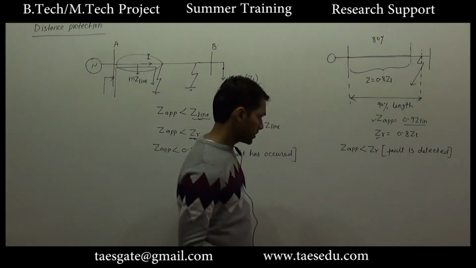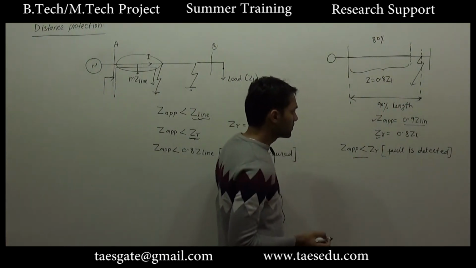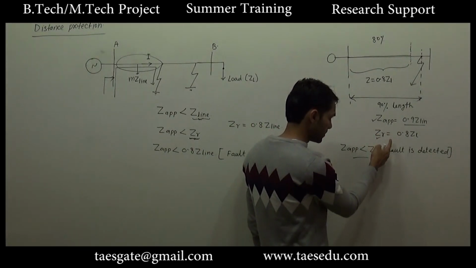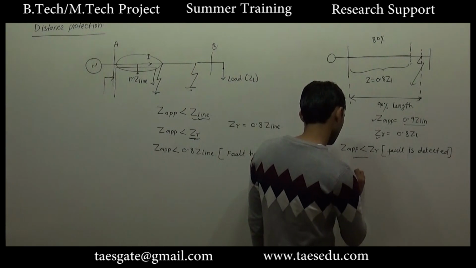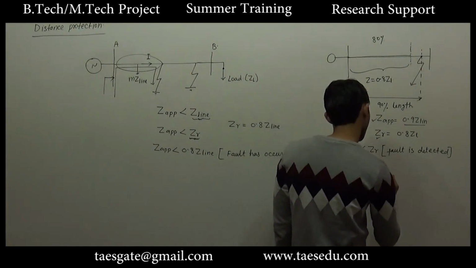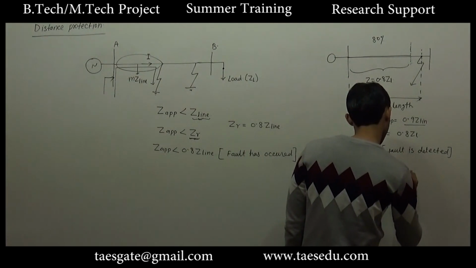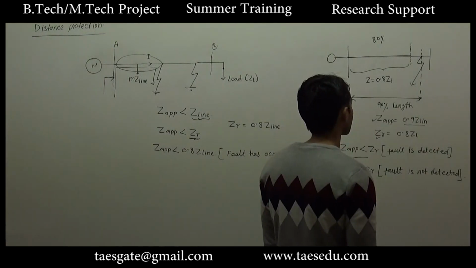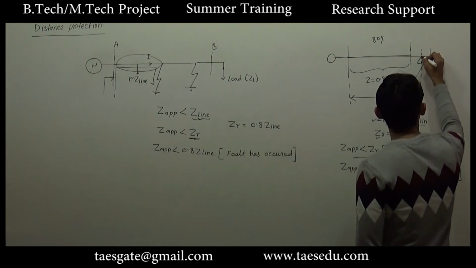Now whether this condition is satisfied here: the apparent impedance is greater than the reference impedance, so the fault will not be detected. Although a fault has occurred, it is not detected. So at this point the fault has not been detected.